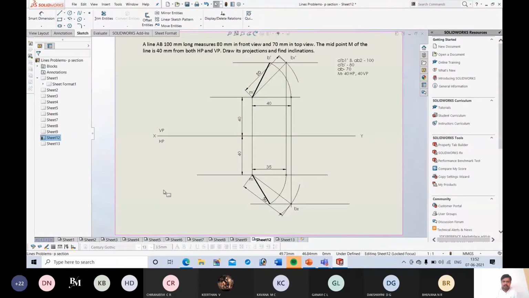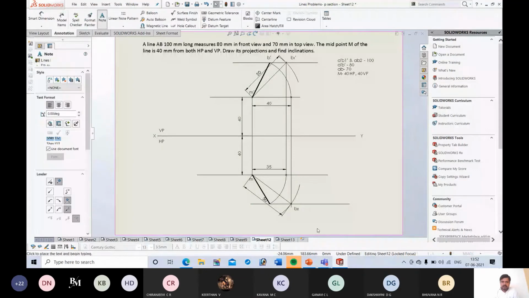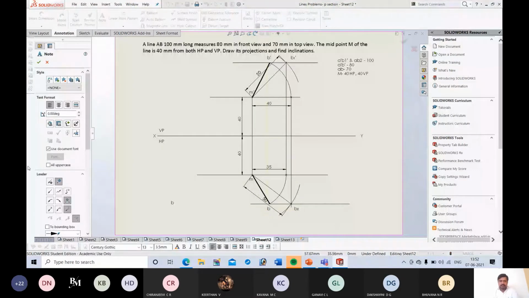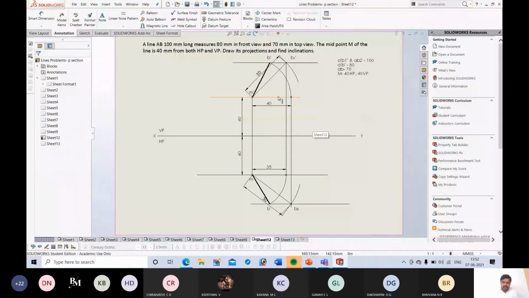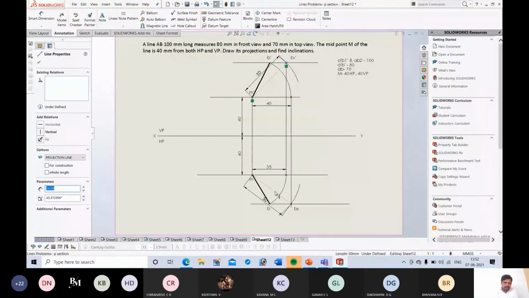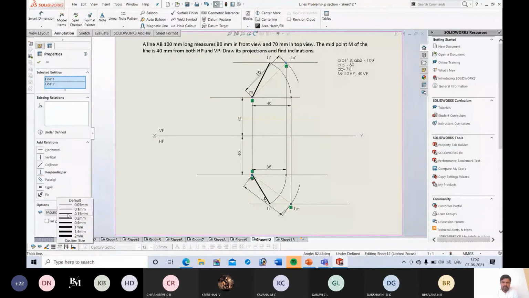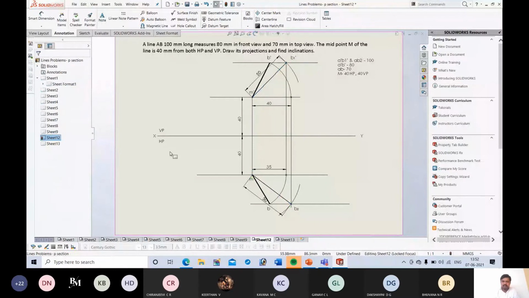Okay, so next, we have drawn half portion. Next we should get the remaining half. These two are true length lines. Next, I should get the remaining half. For that, what you should know is, in this case you know the length of both views and the true length, so you can consider any one.